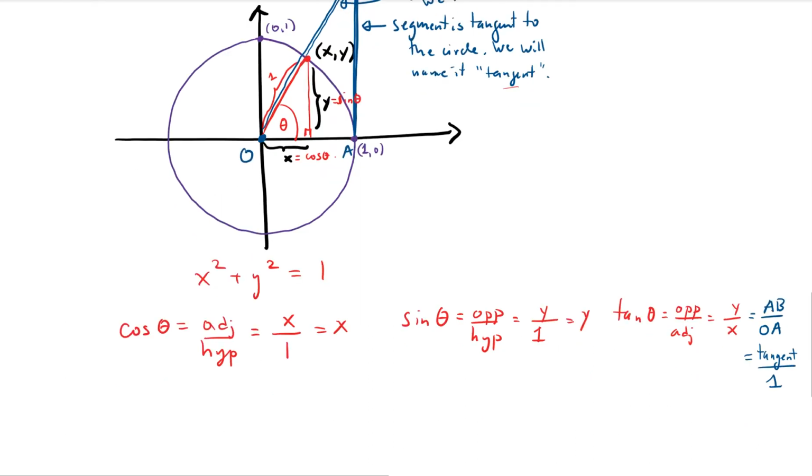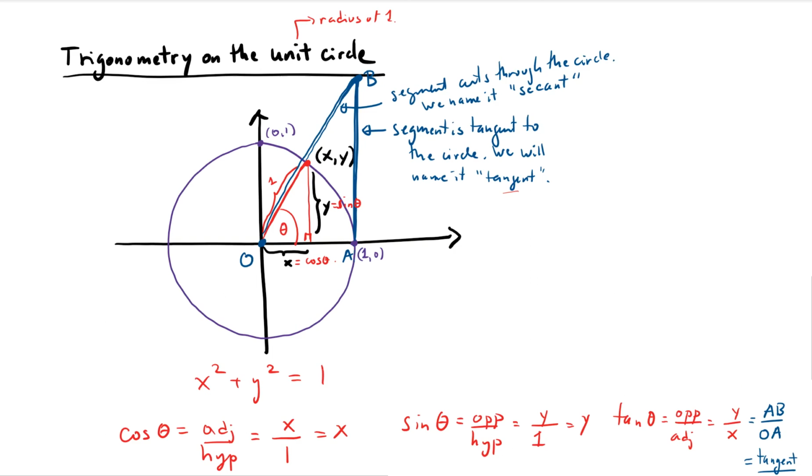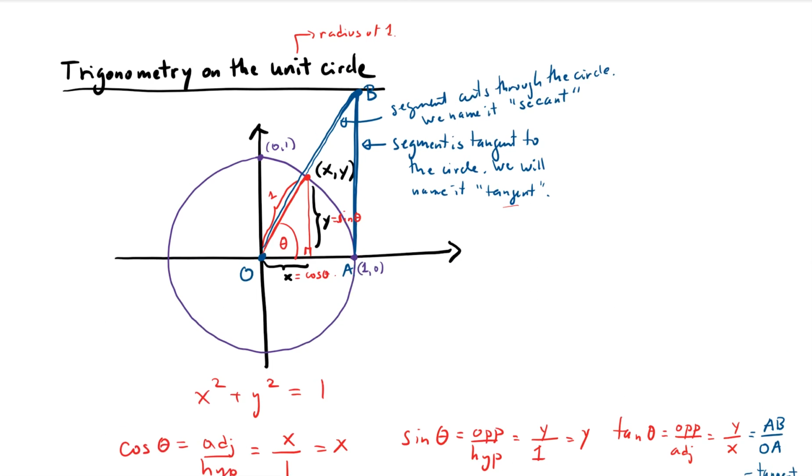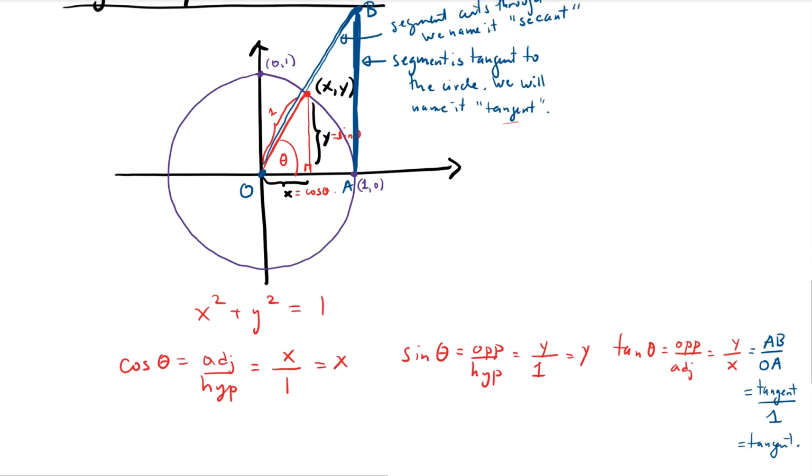So you can see that tangent of theta is really what I've called the tangent on the picture. It's kind of a cool thing to see here. The blue triangle illustrates geometrically that this height of the blue triangle physically corresponds to the tangent when we write it as opposite over adjacent for the red triangle.